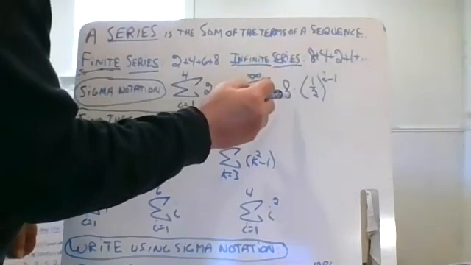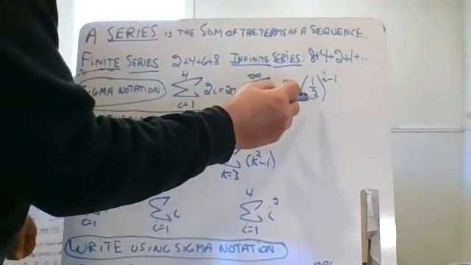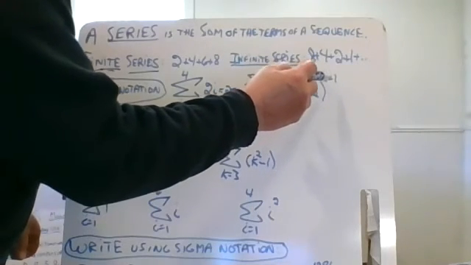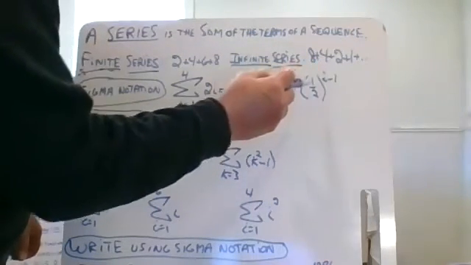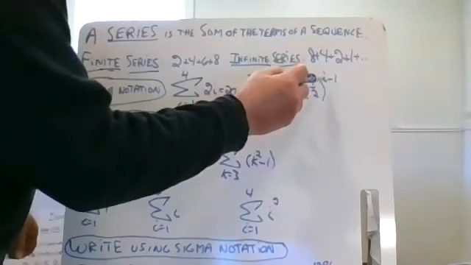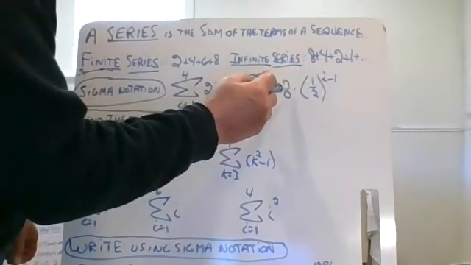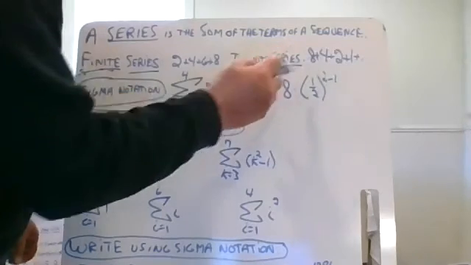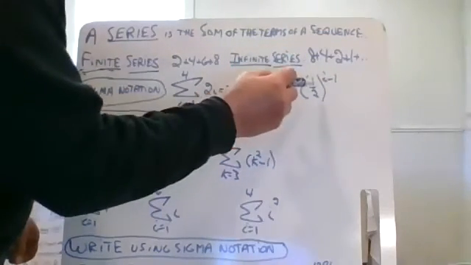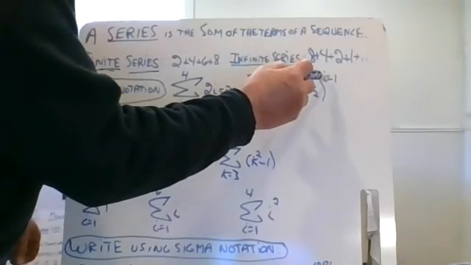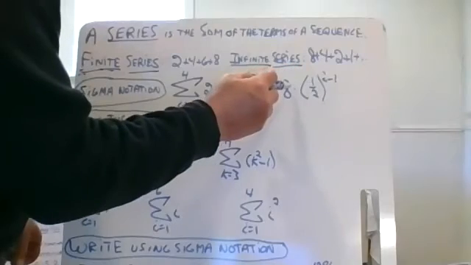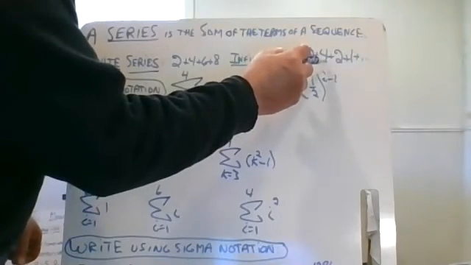8, 4, 2, 1 turns out to be 8 times 1/2 to the I minus 1. When I equals 1, you get 1/2 to the 0 is 1 times 8, you get your 8. When I equals 2, 1/2 to the 2 minus 1 is 1/2 times 8, you get your 4.